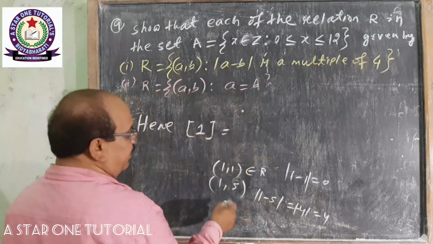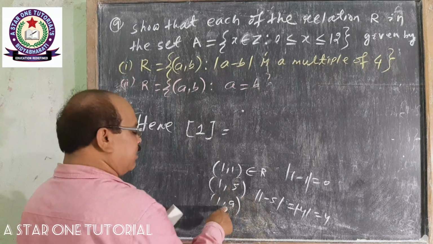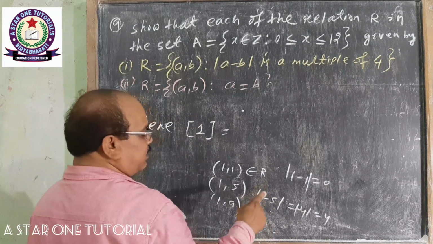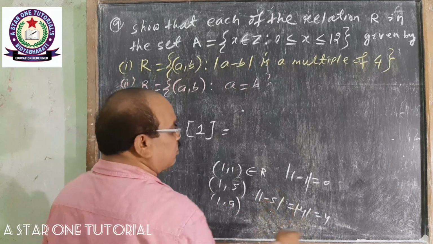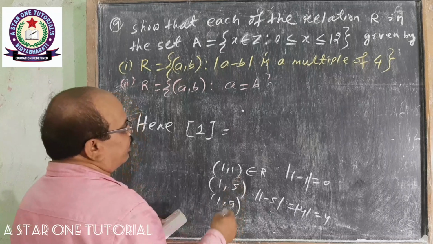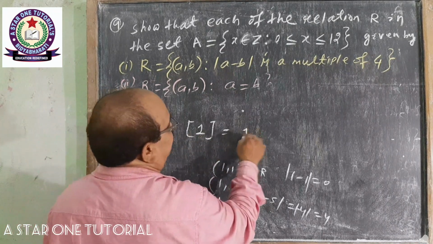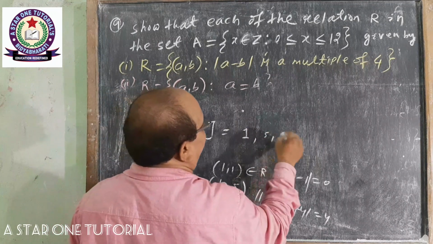If I take 9, then 1 minus 9 is minus 8, and minus 8 is divisible by 4. Modulus of minus 8 is plus 8, which is divisible by 4. So the pair (1, 9) must be there. So we can write that the equivalence class of 1 is the set containing 1, 5 and 9.